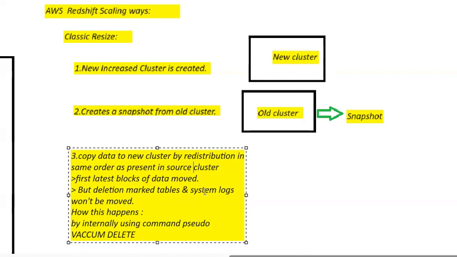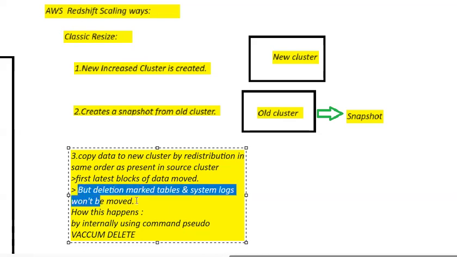So in classic resize, the two things you need to remember, compared to elastic resize, are that deletion marker tables and system logs won't be copied. I'm highlighting this point.